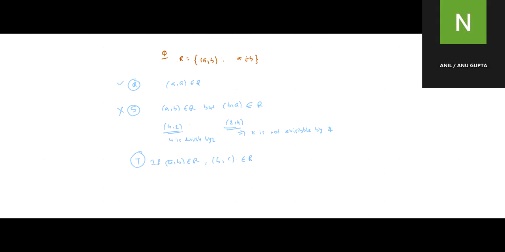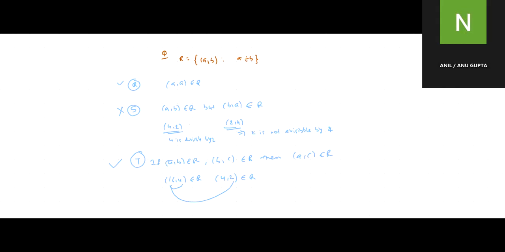Let's take some example. ऐसे टाइम में कोई कंफ्यूज हो रहा है तो let's take (16, 4) belongs to R. 16 is divisible by 4 perfectly. Then (4, 2) लेना. 4 is divisible by 2, then 16 with 2 होगा? Yes. Then (A, C) also belongs to R. Correct? Then it is transitive. Yes, transitive.